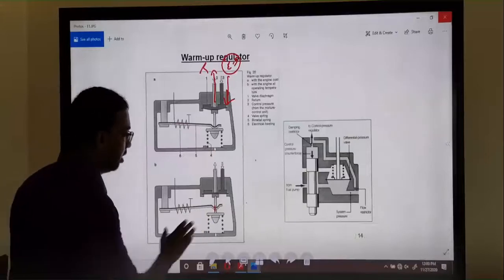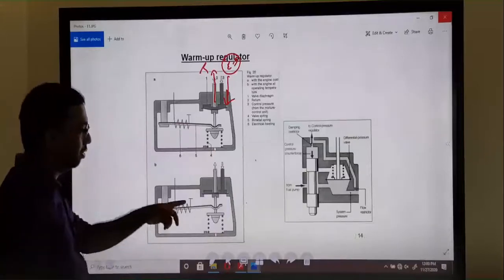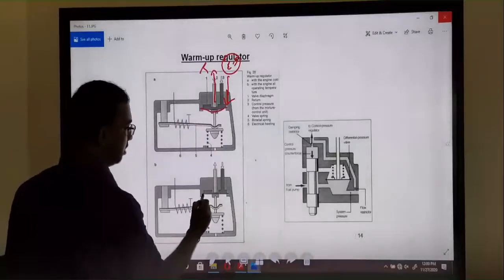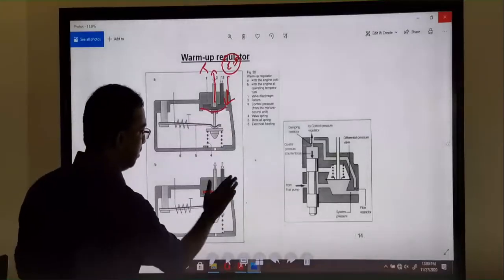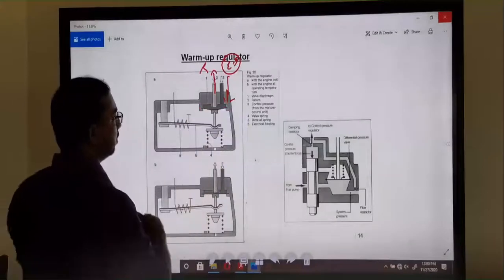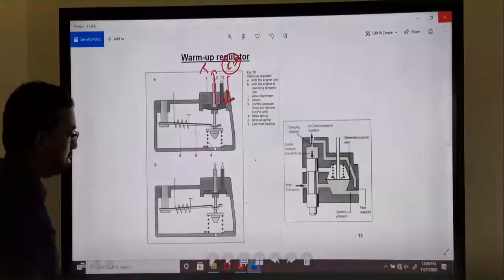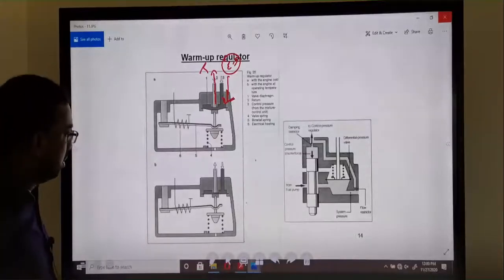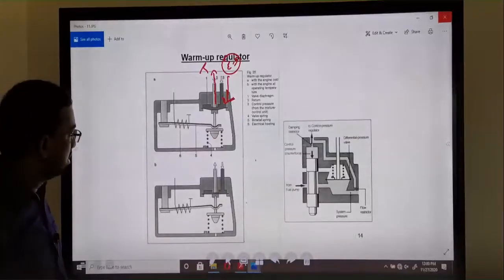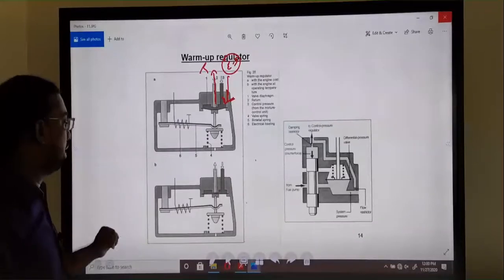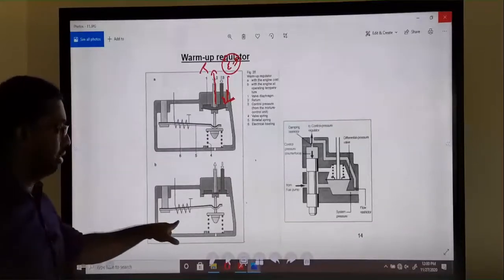Because of that, the diaphragm moves like this. The normal condition is this.